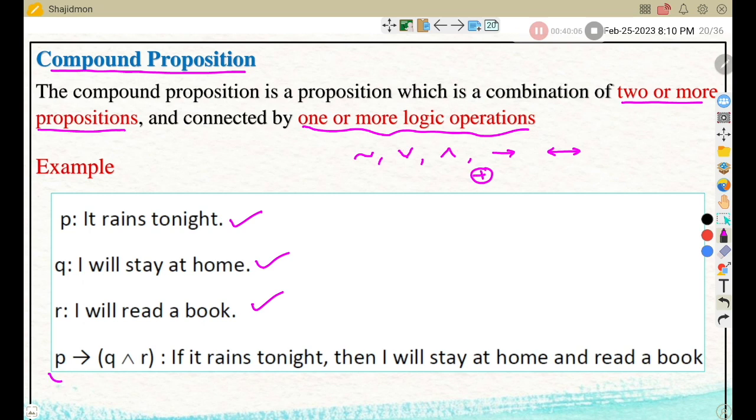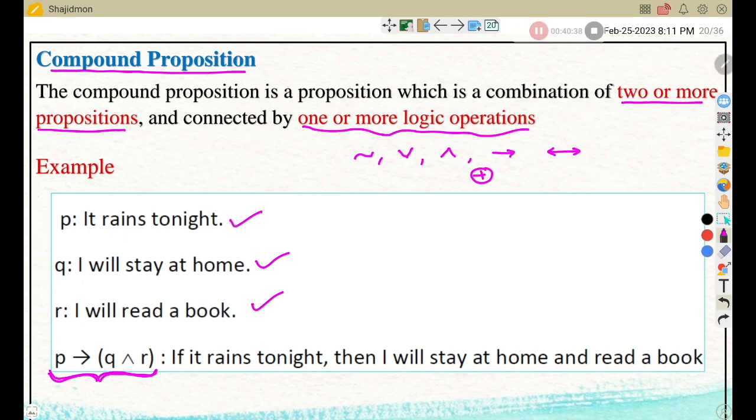Now I am writing one compound statement here: P implies Q and R. How many propositions are there? Three: P, Q, R. How many logical operations are there? Implies and the and operation. Two logical operations are there. So we can say it is a compound proposition. Two or more propositions and one or more logical operations is called a compound proposition.